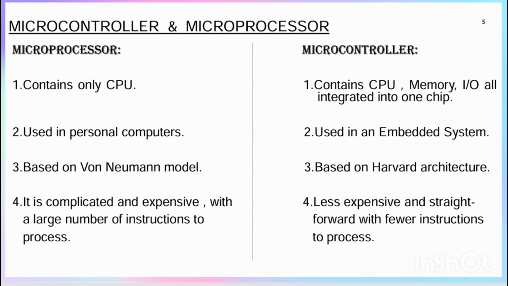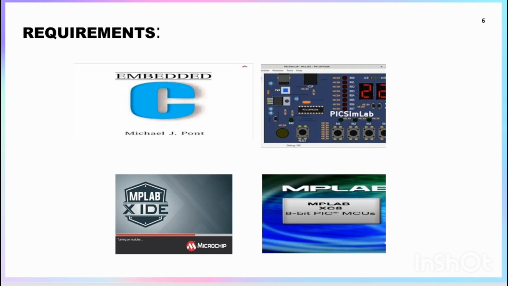In simple terms, a microprocessor is the brain of a computer, while a microcontroller is the brain of a small dedicated device like a washing machine or thermostat, also a digital camera.